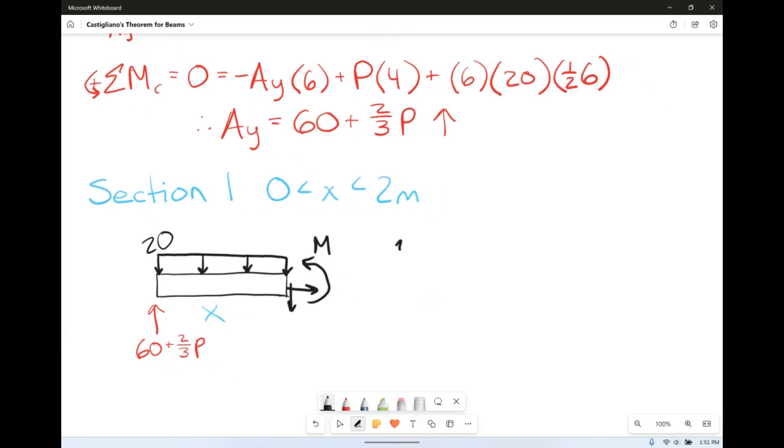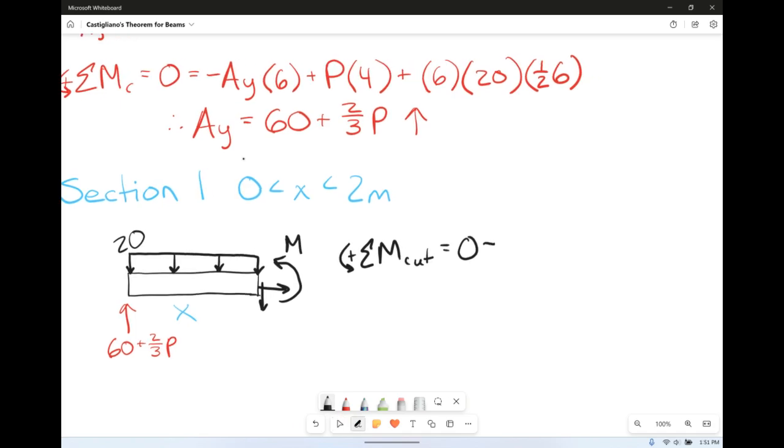All right, so if we sum the moments about the cut and set it equal to 0, taking counterclockwise to be positive as usual, we're going to have M for the moment.